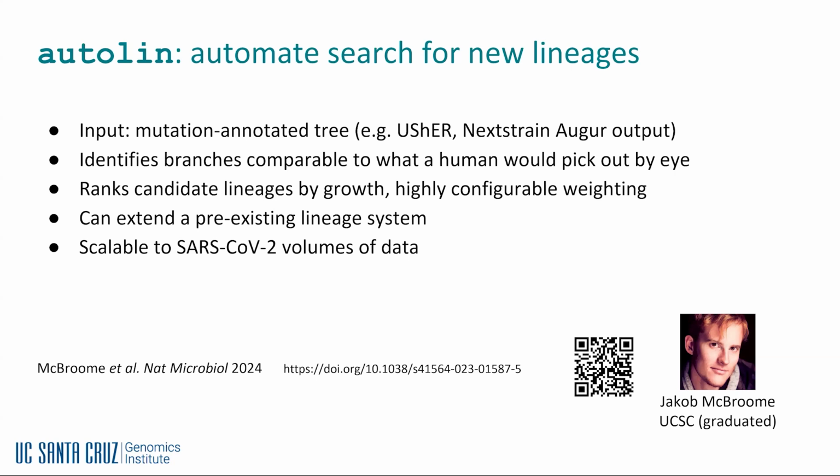It can either come up with a new lineage system from scratch that's kind of Pango-like, or it can take an existing system like Pango and then propose extensions to it. And importantly, it scales to pandemic flood volumes of data.